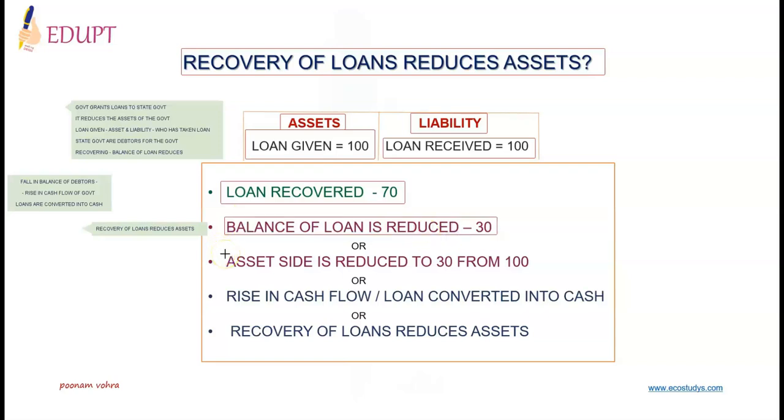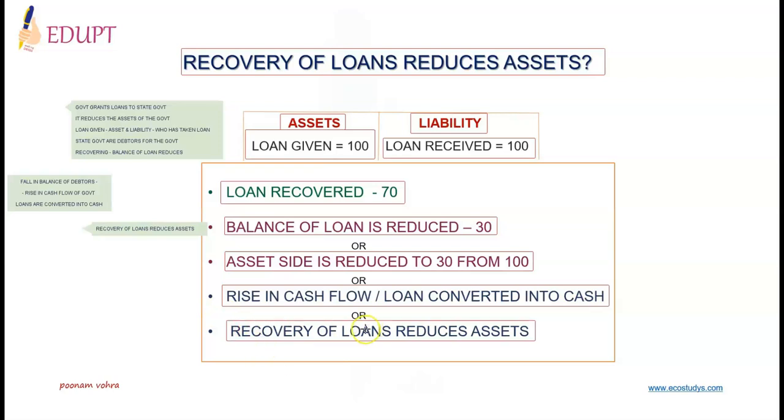As per the double entry book system, asset side is reduced to 30 from 100, or there is rise in the cash flow or loan converted into cash, or it is same as saying that recovery of loans reduces assets.